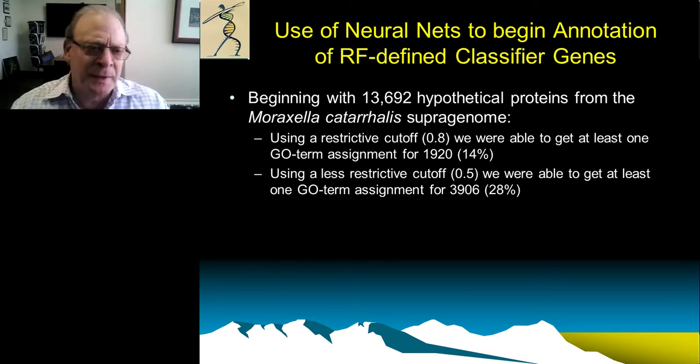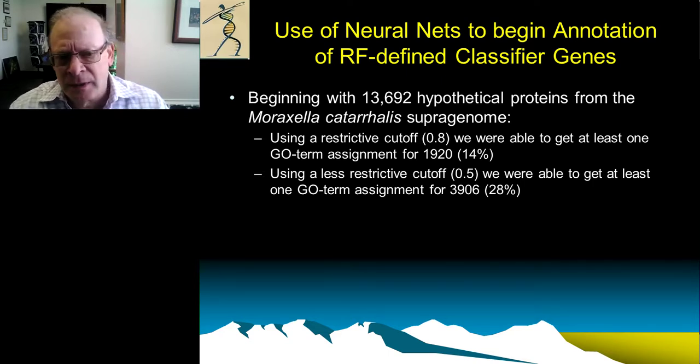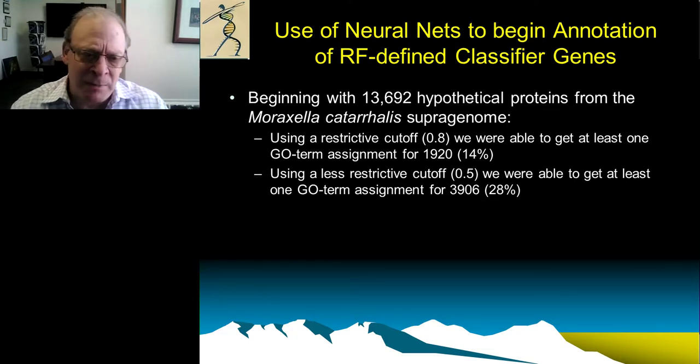And so working with another middle ear pathogen or otopathogen called Moraxella catarrhalis, which is Josh's organism of study, they started with 13,692 hypothetical proteins from the Moraxella catarrhalis supergenome, and using a very restrictive cutoff of 0.8 as 80% probability that the neural net was going to get it right.